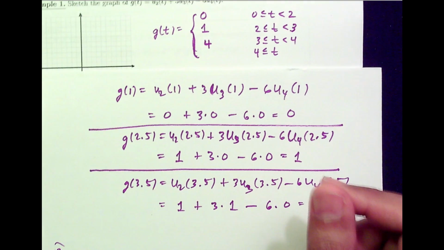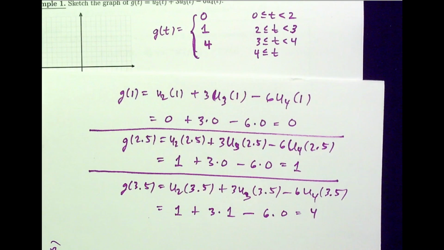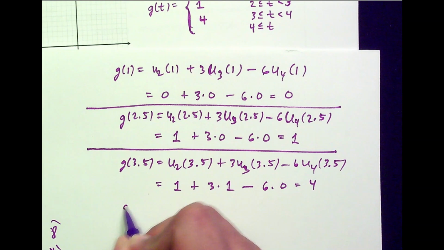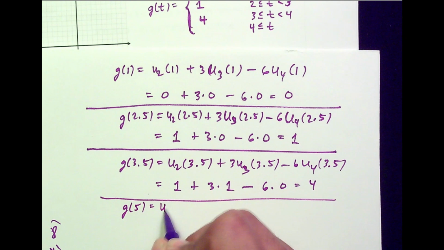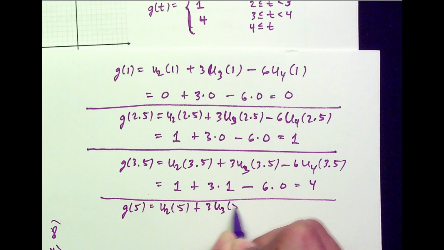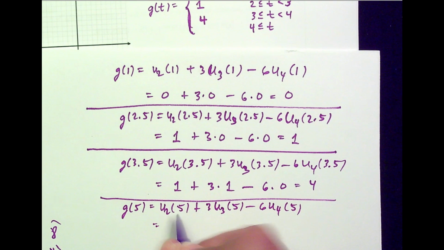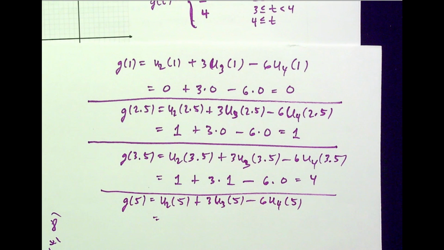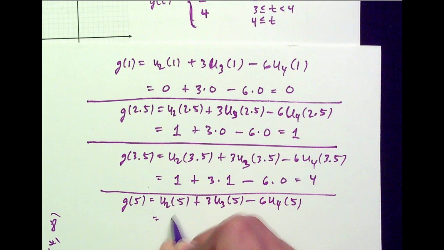Okay, and lastly, if I plug in a number bigger than 4, let's say 5, u2 of 5 plus 3, u3 of 5 minus 6, u4 of 5. If I plug in 5, that's happened after 2, so this function is switched on, so the value is 1.